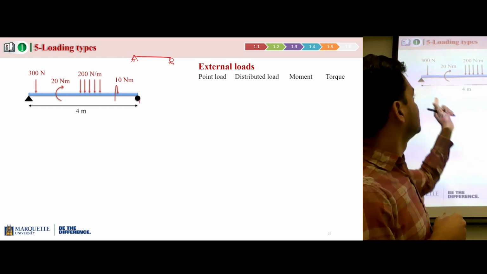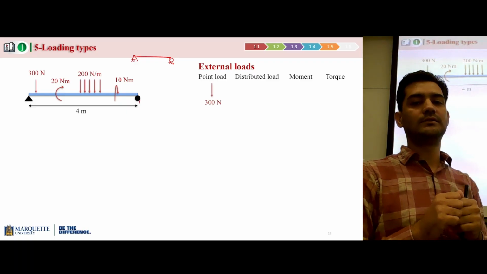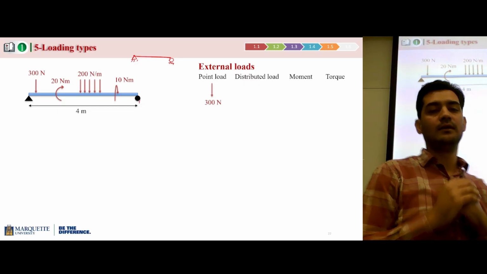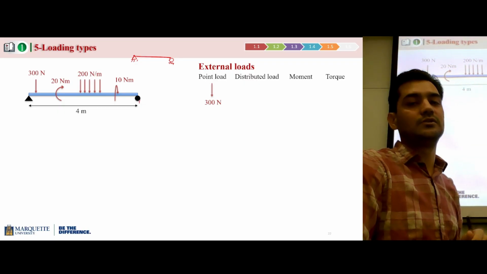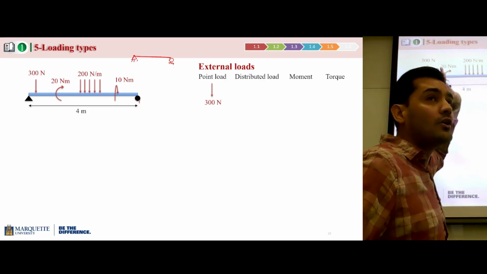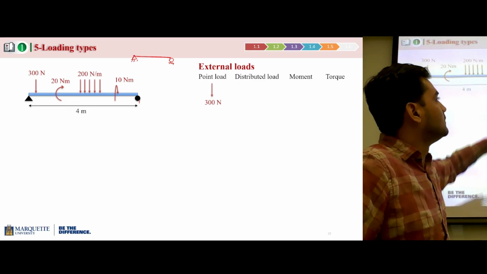This 300 Newton force is a point load. At one point, there's a force being applied, and this type of force is called a point load.